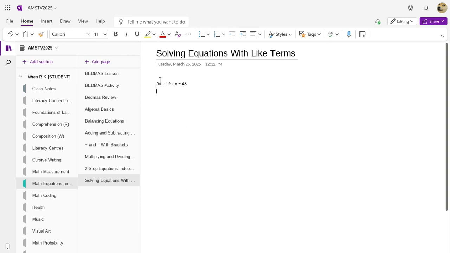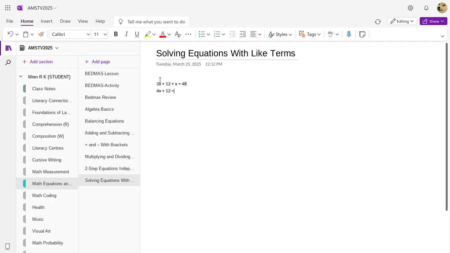So if I have 3x and I add one more x, how many x's do I have? 4x. So I need to put down 4x. Okay? Then the rest of the equation's going to stay the same. Haven't touched the 12 yet.